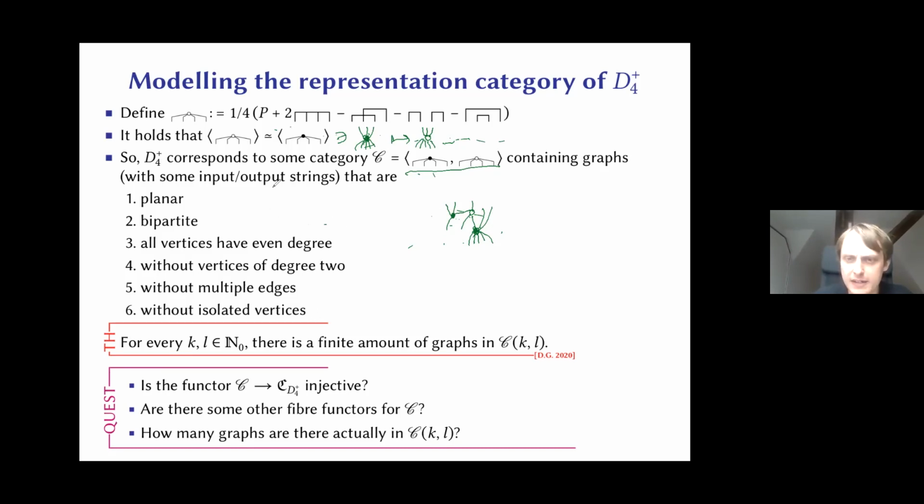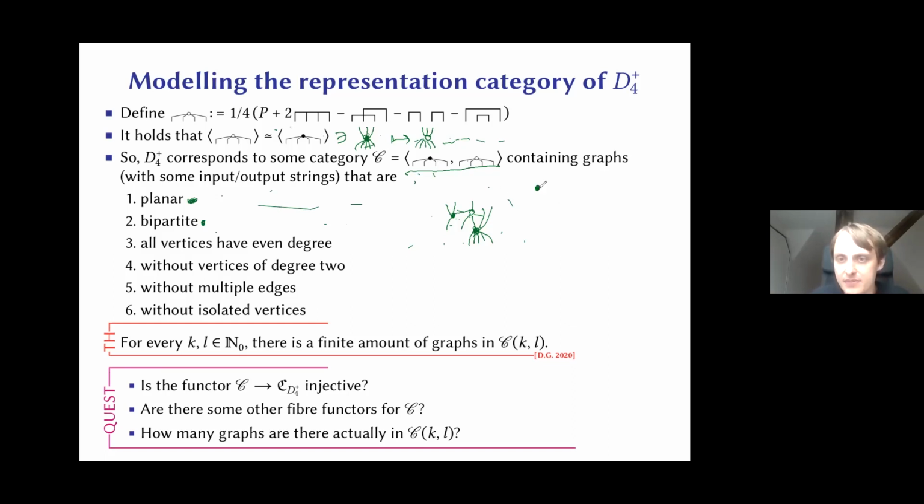Okay, so what exactly are these graphs? First of all, those are planar graphs, because I have non-crossing generators, so I can just generate non-crossing diagrams. Those are bipartite. Why can I consider only bipartite graphs?